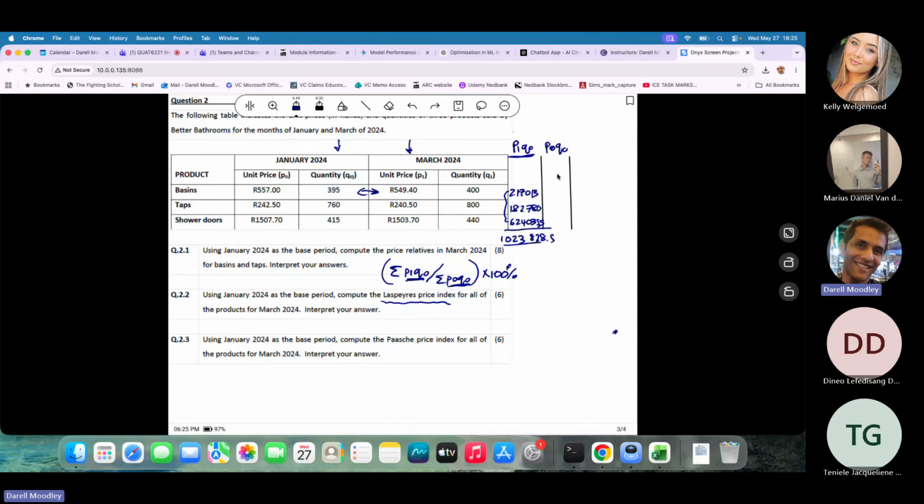Now you're going to do the exact same thing for this column here. You're going to multiply P naught and Q naught. You'll write the values out, and you get a total here as well.